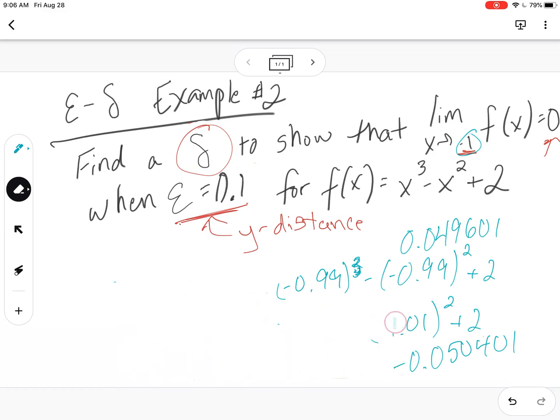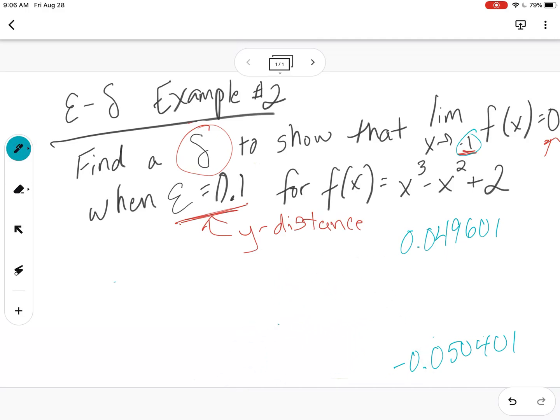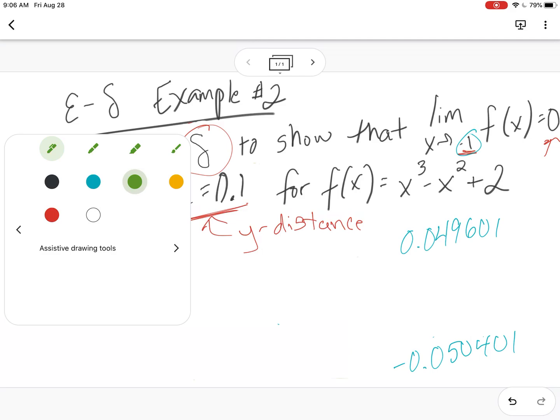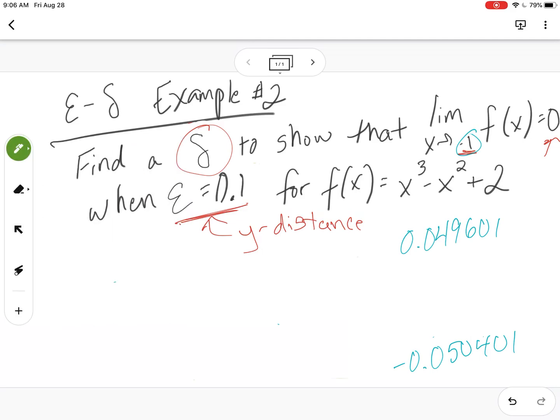Now I'm going to recap real quickly what I was trying to do. I was trying to find a delta value around -1 that would give me y values within 0.1 of 0. So let me repeat.